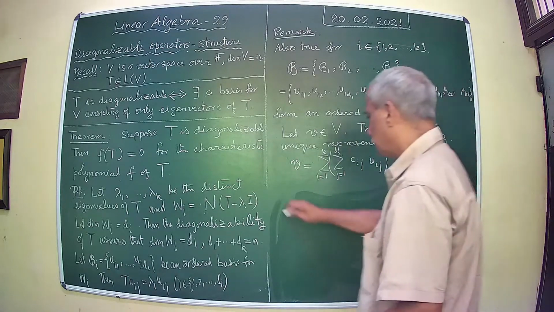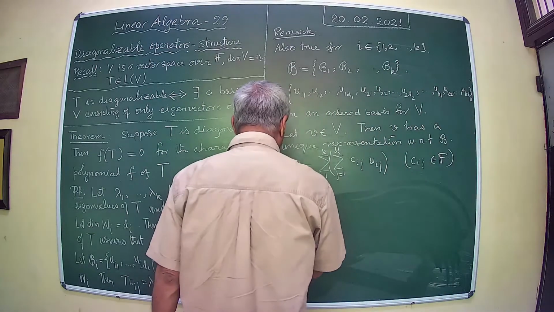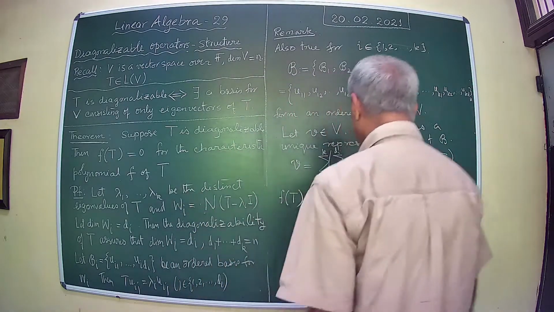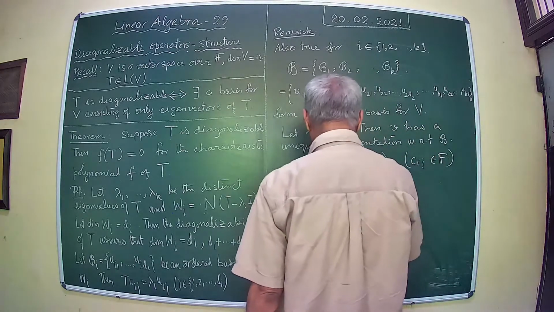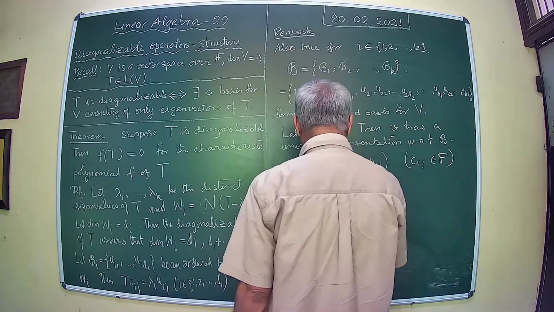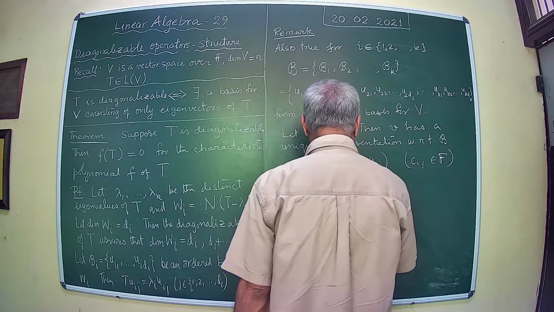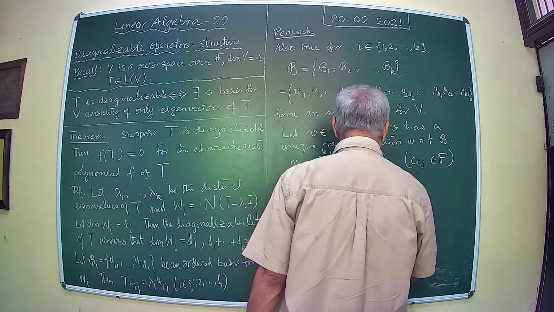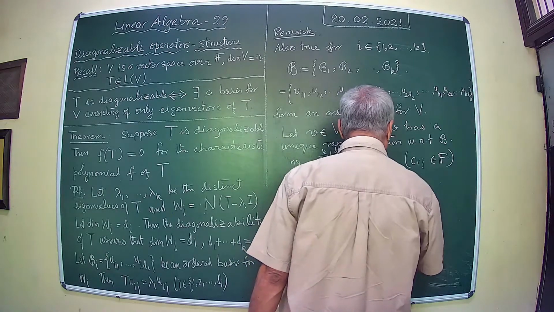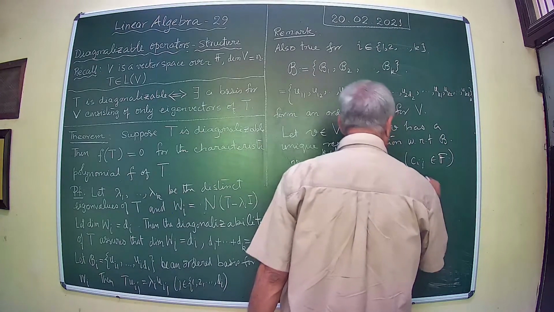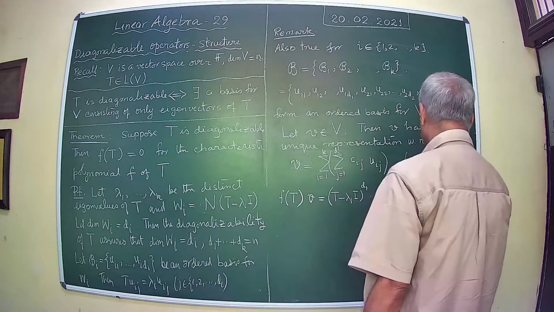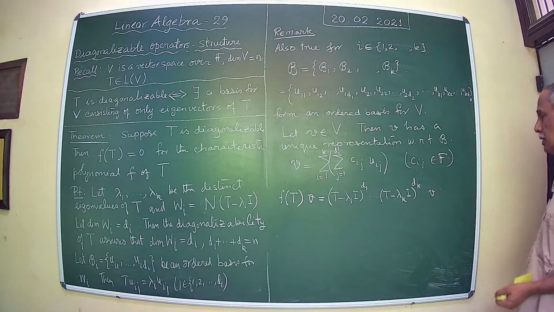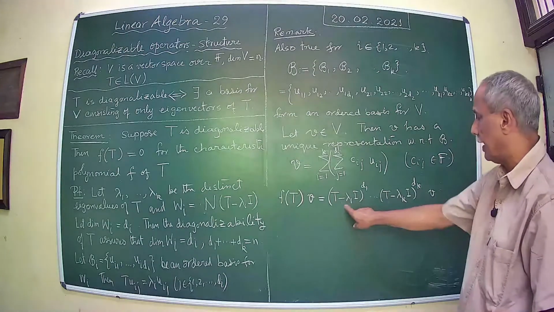Now let us compute this. What is f(T) of v? f(T) of v is in fact the product (T minus lambda 1 I) ... (T minus lambda k I) operated upon v. Now we observe that these factors do commute.